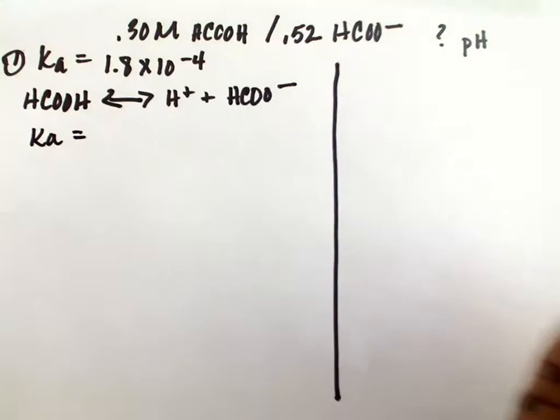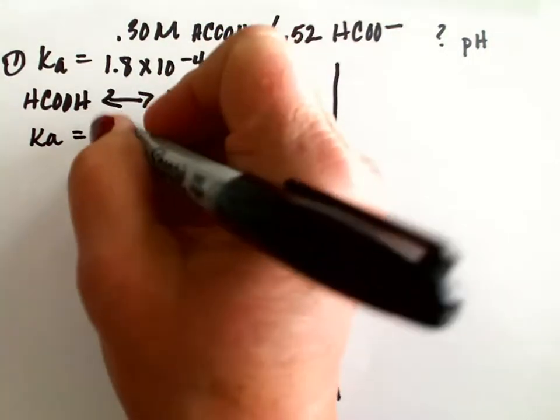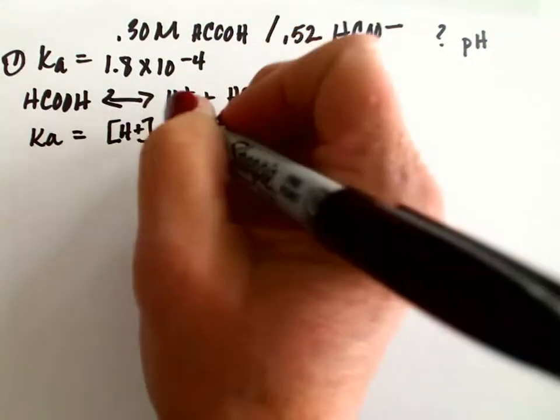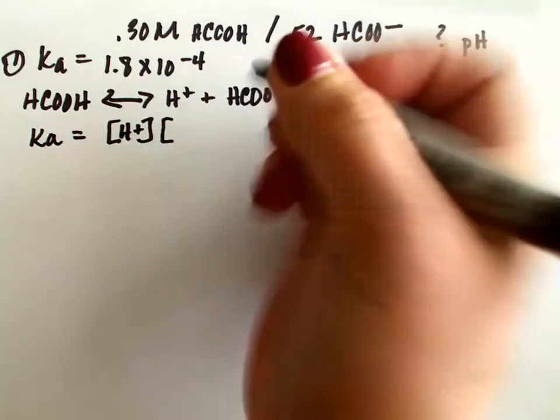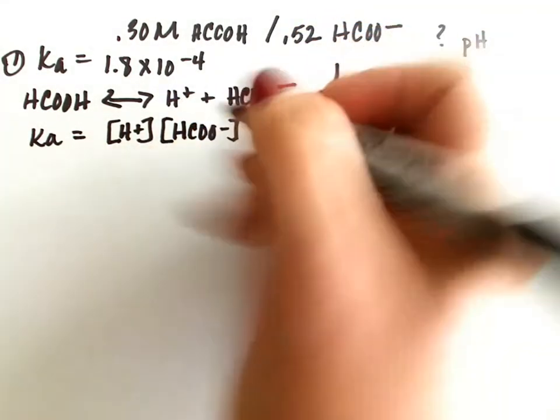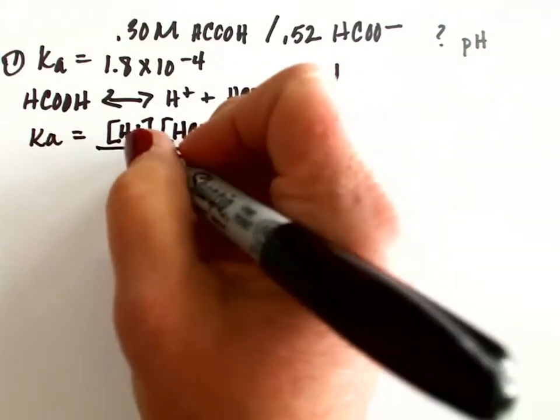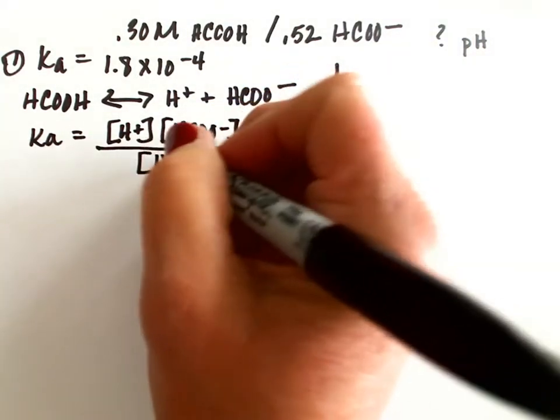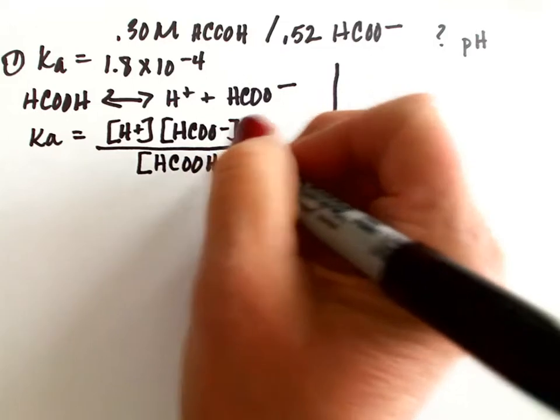So, recalling that the Ka equals the concentration of H plus times whatever that conjugate base is, in this case HCOO minus, all divided by the concentration of the weak acid. Okay.